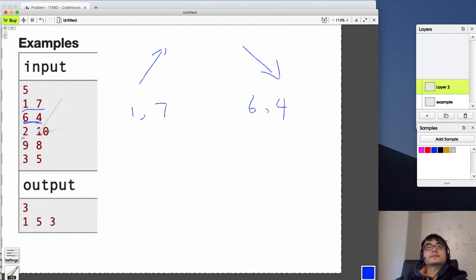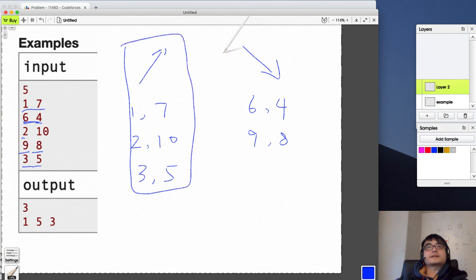And 2 is less than 10, so it's in the increasing set. 9 is bigger than 8, so it's in the decreasing set. And 3 is less than 5, so it's in the increasing set. So in this way, we can get two sets of number pairs.